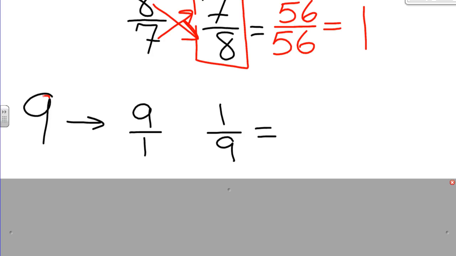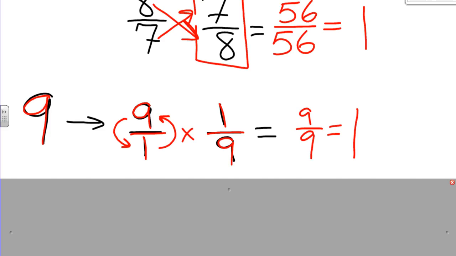We write the whole number 9 as 9 over 1 in fraction form. So the reciprocal would be to switch the numerator and the denominator, which would give us 1/9. Right? And if we multiplied these two numbers, the product again would be 9 over 9, which is equal to 1. That's the definition of a reciprocal.